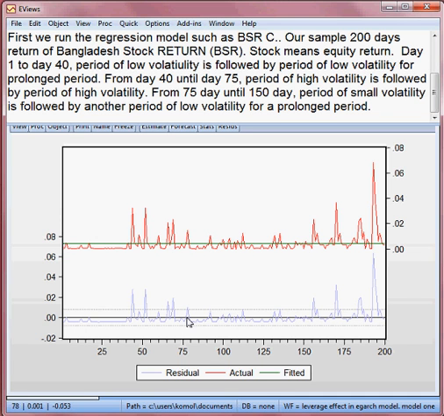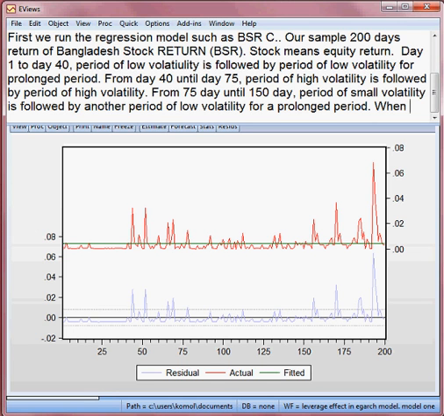So here the period of low volatility has been followed by another period of low volatility, and from here to here, you can see a period of high volatility has been followed by another period of high volatility for a prolonged period. So when this happens, we have the justification to use the EGARCH model.